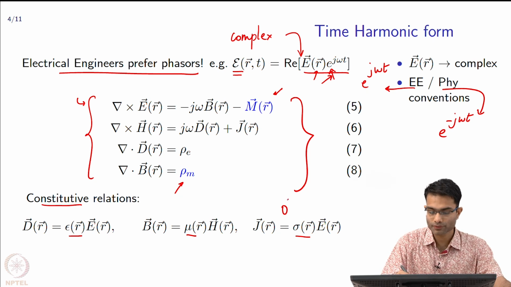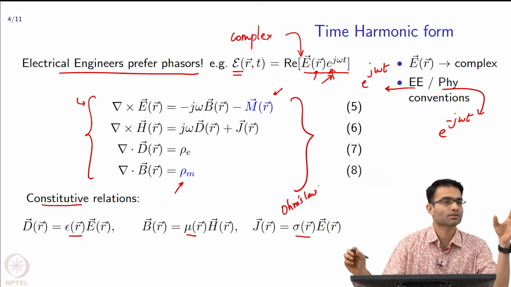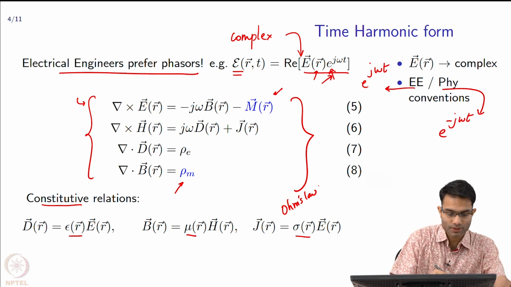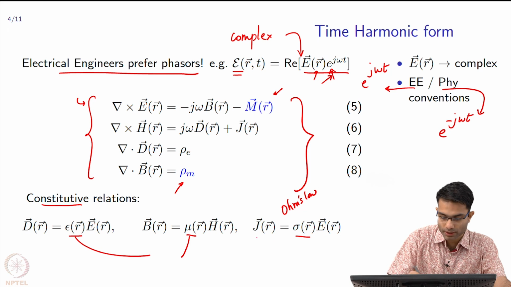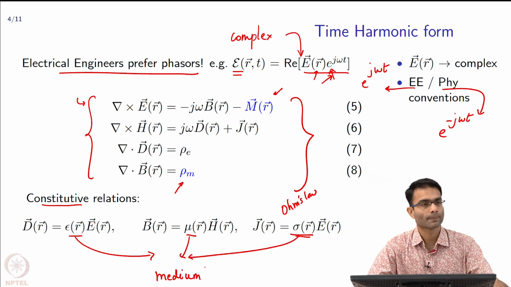Ohm's law, right. This is your famous Ohm's law. Now, fields we have spoken about. Where does the material actually come into the picture, whether it is glass or wood or free space? These parameters are where the medium properties come into play.